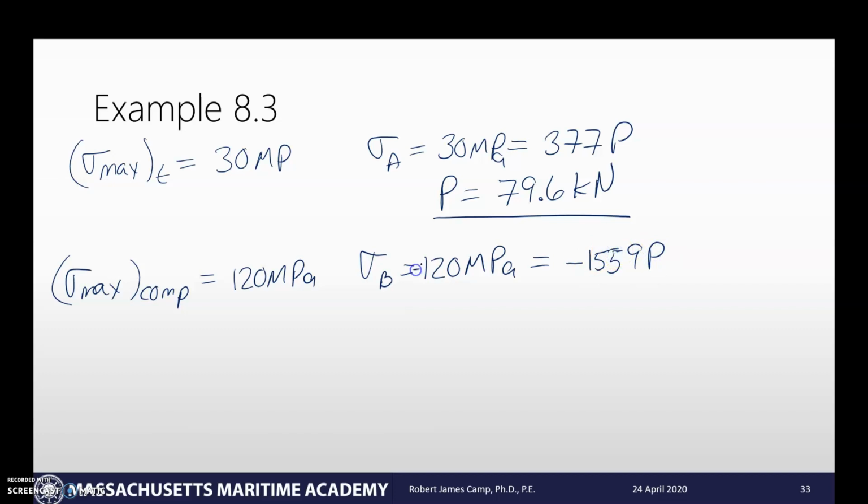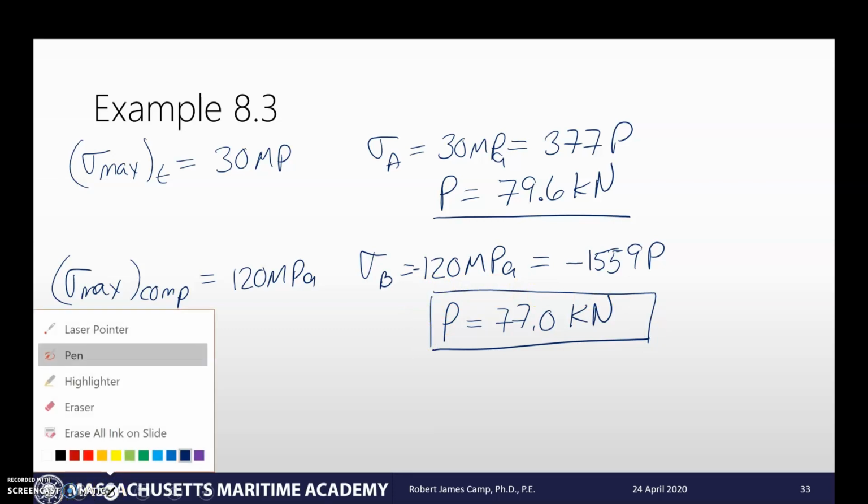Since this is compressive, it has to be a negative 120 megapascals. If we solve for P, that load is going to be 77.0 kilonewtons. Looking at these two numbers, the largest allowable load is going to be that 77 kilonewtons.